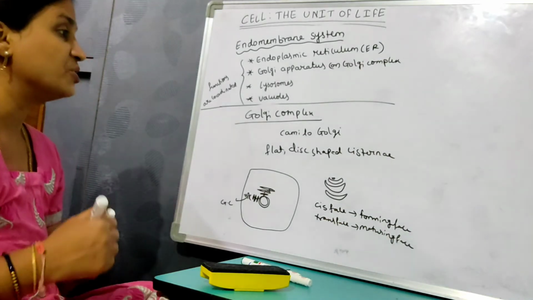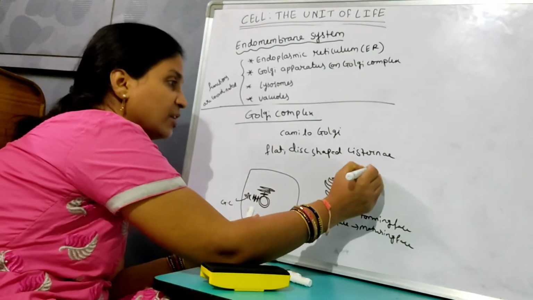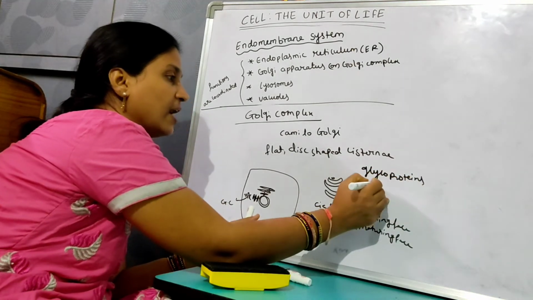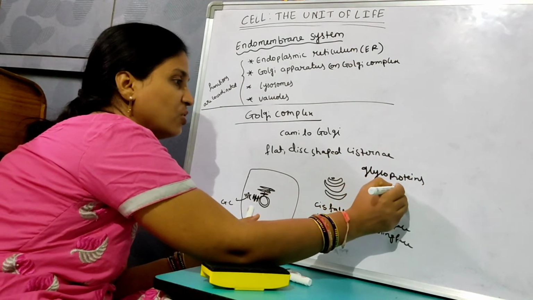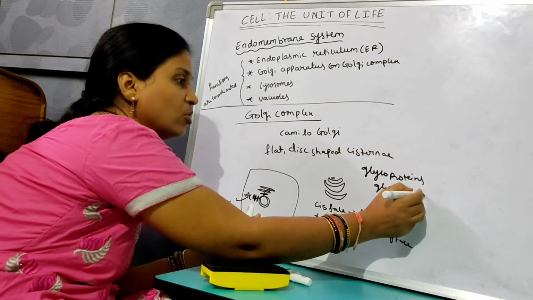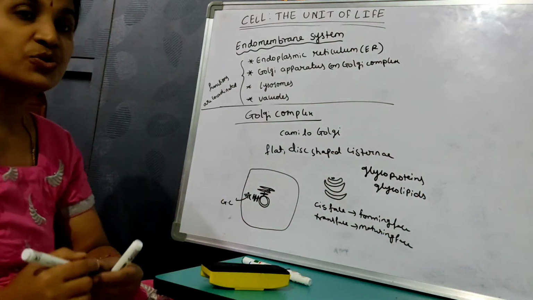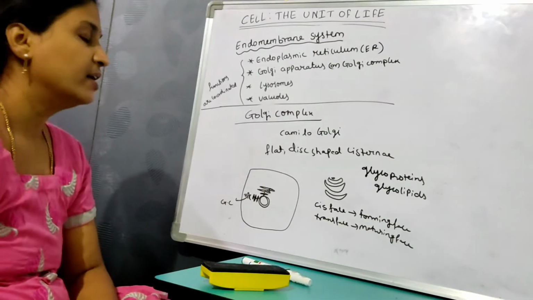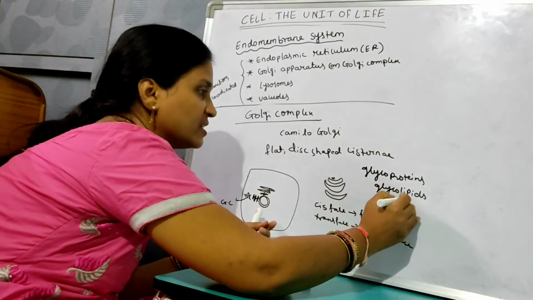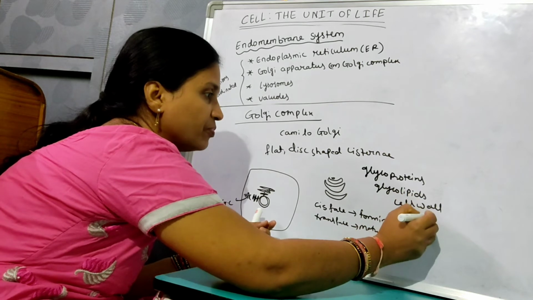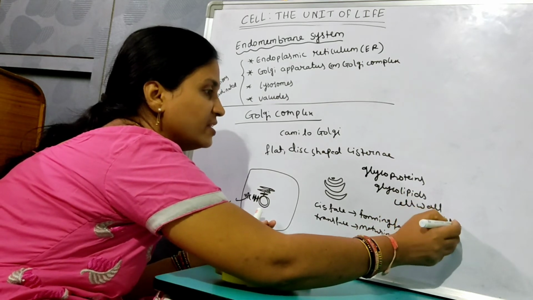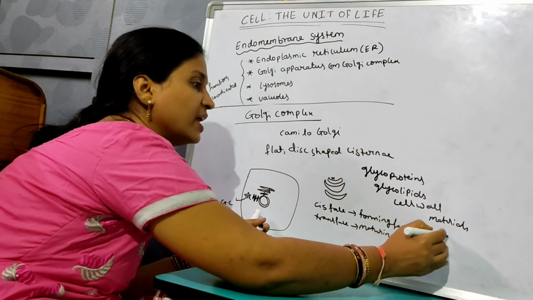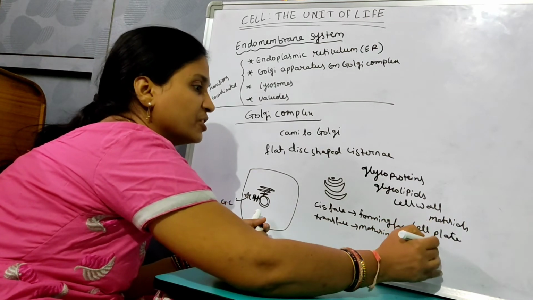The Golgi apparatus is useful for the synthesis of glycoproteins and glycolipids. It is also useful for the formation of cell wall materials, and for the formation of the cell plate during cell division.